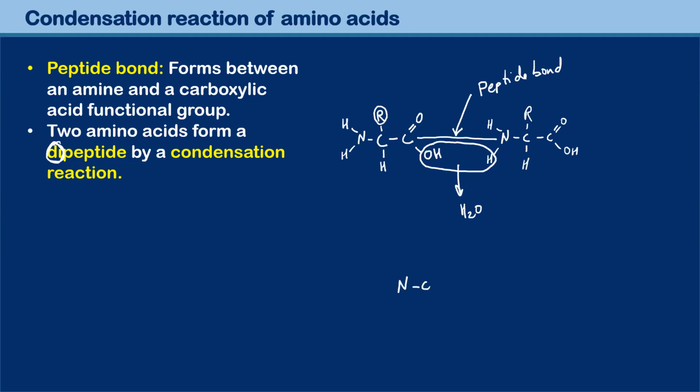N, C, C, O, N, H, C, C, O, OH. Over here I have the R, I have the hydrogen, over here I have the other R, and over here I have the hydrogen, and then 2 more hydrogens over here.